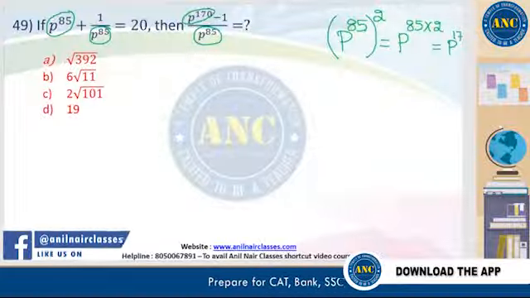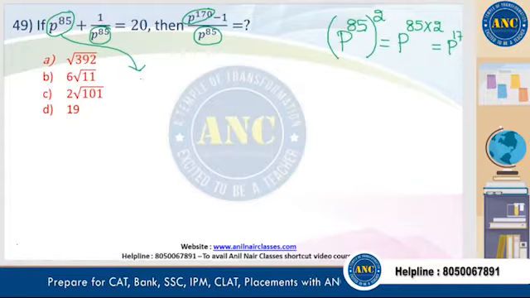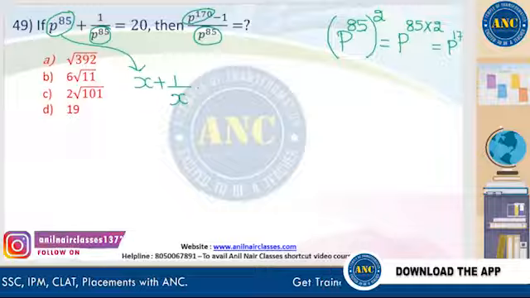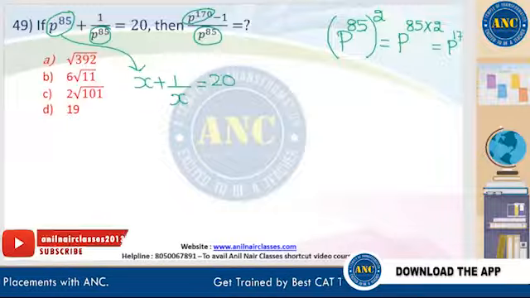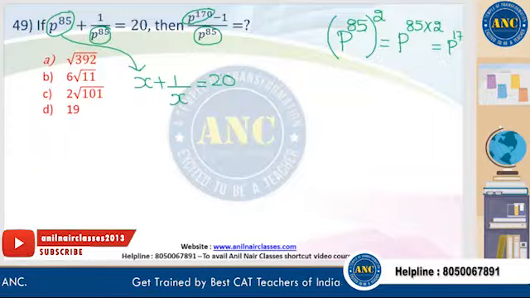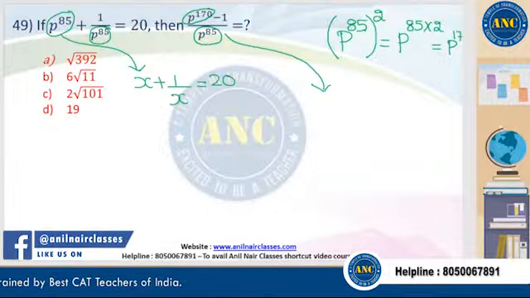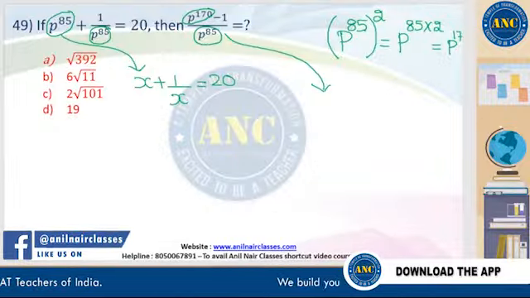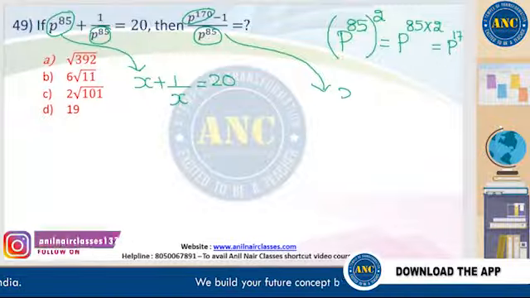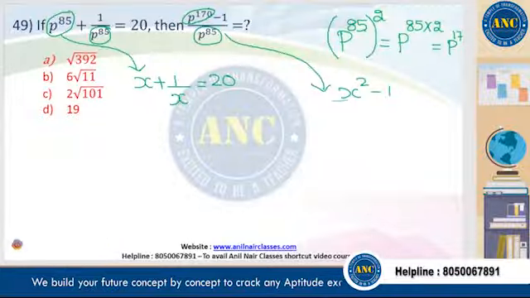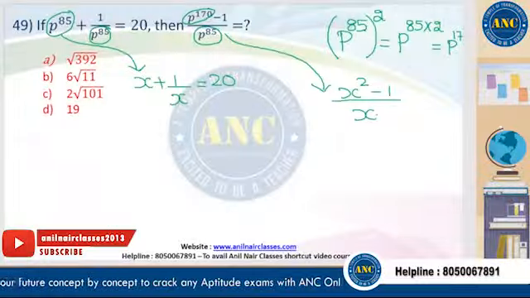That means if I call p power 85 as x or any other variable, then the given condition becomes x plus 1 by x is equal to 20, right? The asked condition: p power 170 is nothing but x power 2. So x square minus 1, divided by x, is what they are asking.